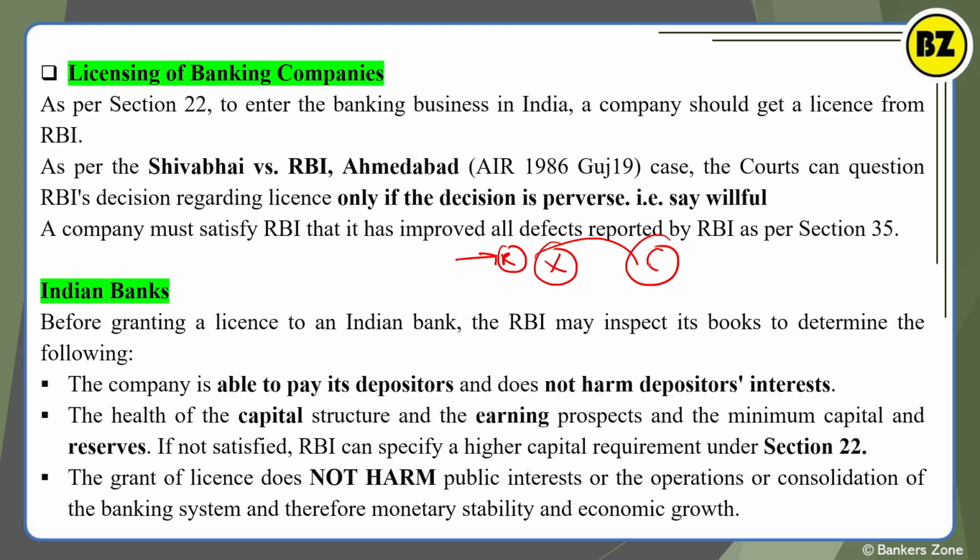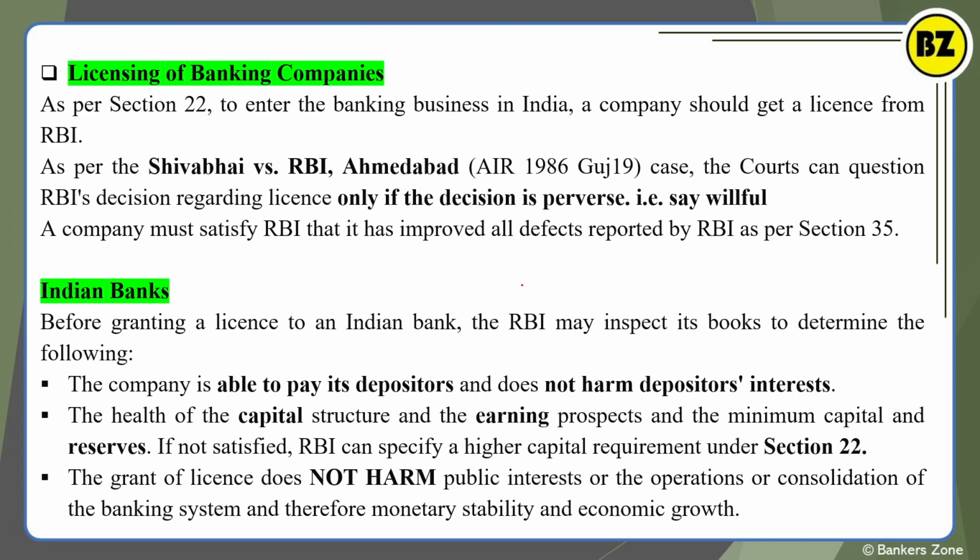The court can interfere only provided that RBI's decision is perverse, meaning RBI has deliberately or willfully rejected the license. If the court thinks so, only then will the court interfere. Otherwise, the court will say RBI is the sole authority for giving licenses in India.